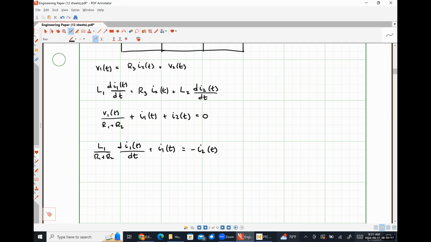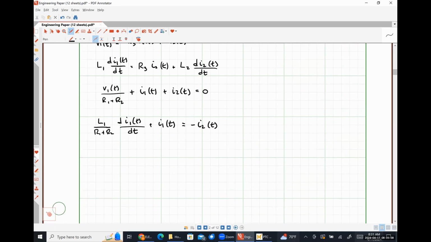So I substituted L1 di1 by dt for V1. And then I moved I2 to the other side of the equal sign. That's all I did there. Okay, so I've put it in this form so that I can pretty easily just take the derivative of I2, right?